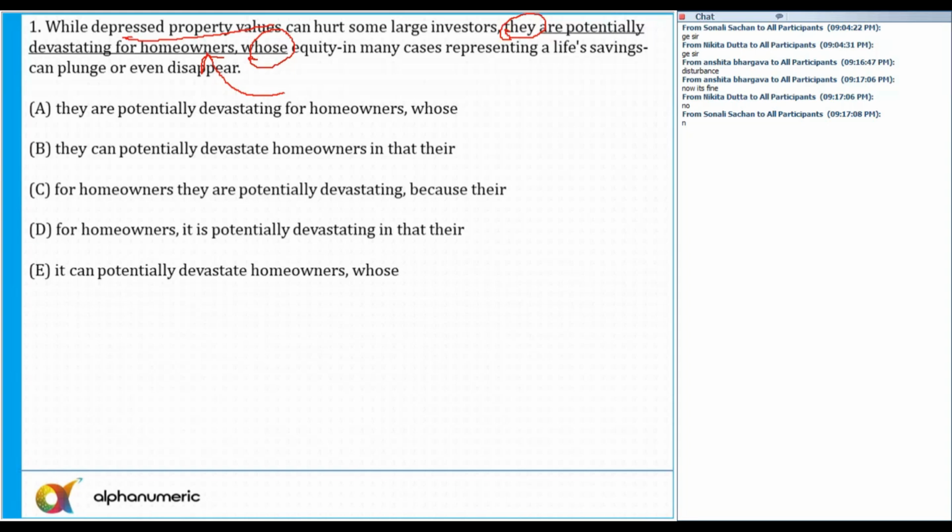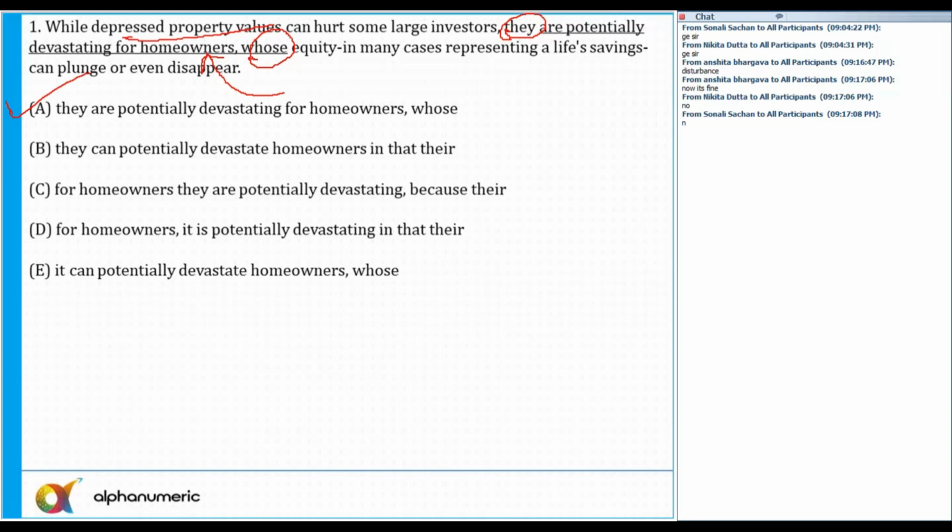I don't find anything wrong here. So I think the answer for this question is A. There is nothing wrong here. It is the homeowners whose equity can plunge or even disappear. Their equity, in many cases, represents a life savings. So there is no error in question number 1. That is why the answer is A.